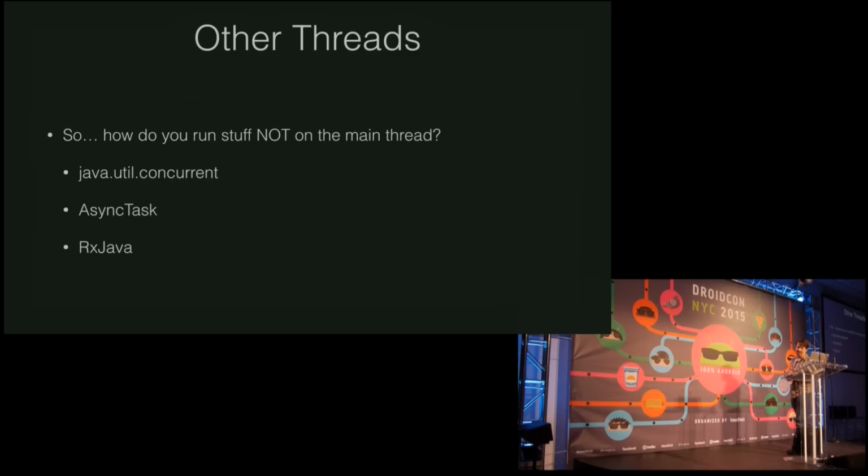The good thing about that is they have good primitives, but they're not Android dependencies, so you can use them in a non-Android project. They're pretty simple, and a lot of times you want more coordination and more control than what is given to you there. So it's a pretty plain layer for trying to put stuff on a background thread, but you can use that.